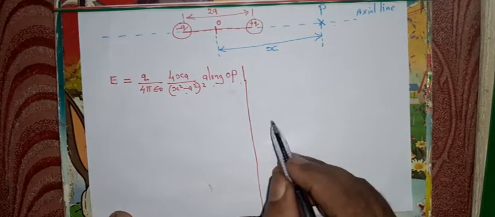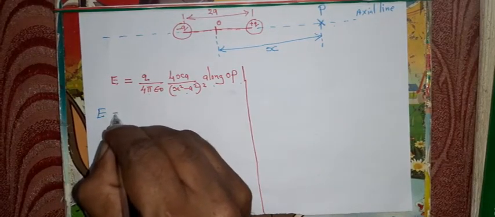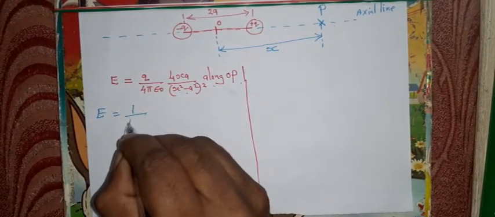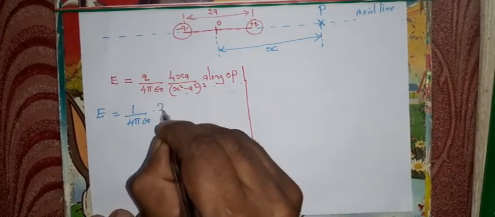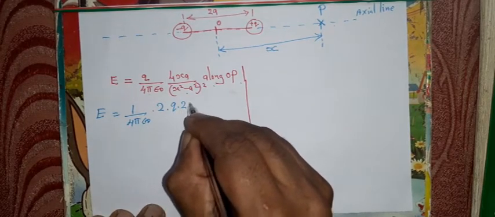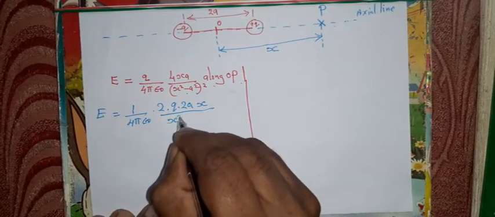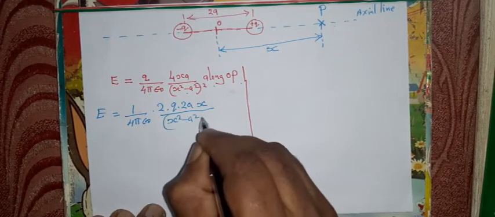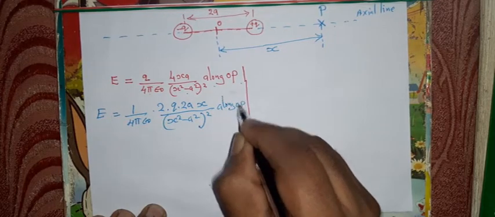Now, we are doing a mathematical adjustment without changing the value. E is equal to 1 by 4 pi epsilon 0 into 2 into Q into 2A X divided by (X square minus A square) the whole square, along OP is the direction.